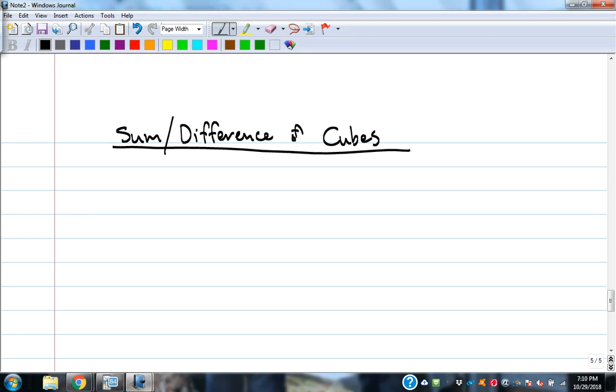Okay, so if we have two things that are cubed, a cubed plus b cubed, the way they factor, the sum of cubes is addition between them. They got a short piece and a long piece.